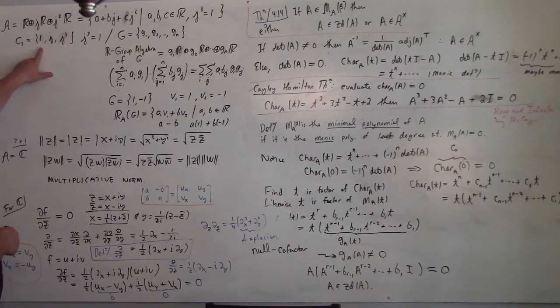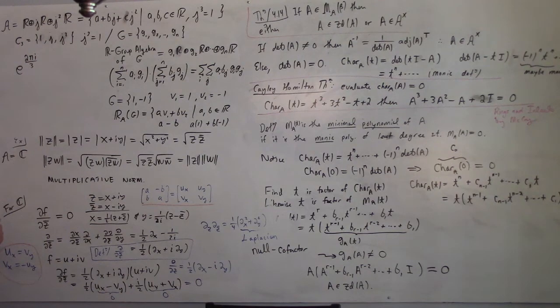Now, this j squared: what's a model for the cyclic group of order 3? What could you use? A line? A rectangle? No. You could use the units of order 3, like e to the 2 pi i over 3.